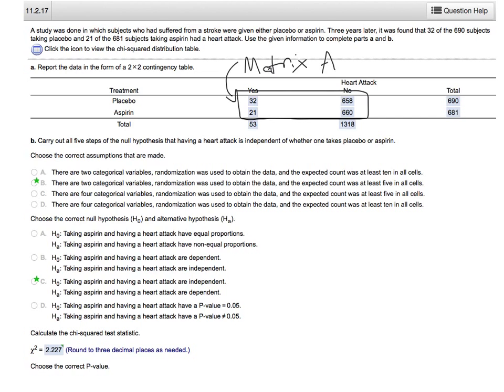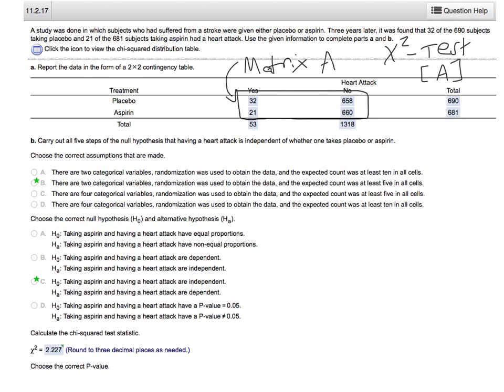Once you have that, you can run the chi-square test. Remember, chi is this thing that looks like an X. So that's in your stat test menu. That'll allow you to tell it that you want to run the chi-square test on the observed counts in matrix A, and you just hit calculate, and it will do the test for you.